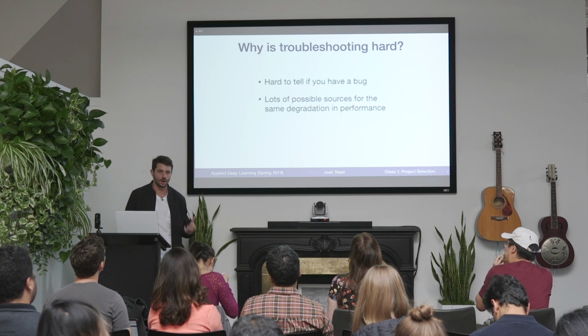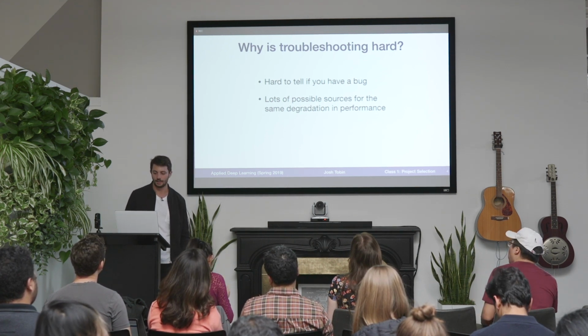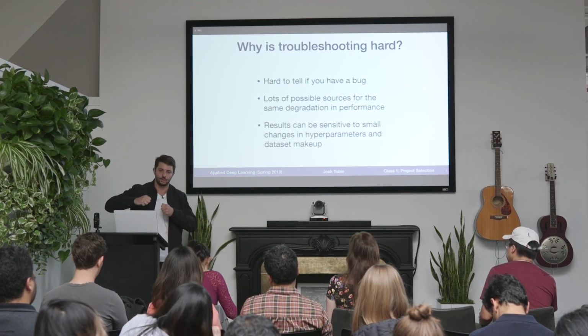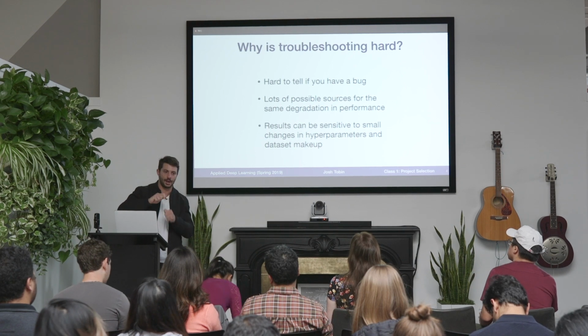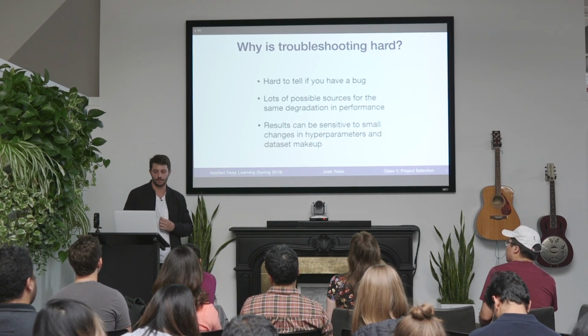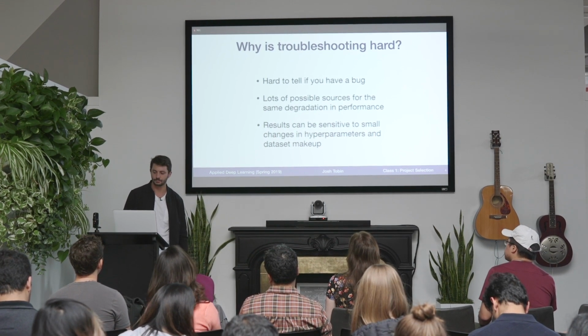And once you know that your performance is bad, there are many different contributing sources of error that could be causing that. And on top of that, to make matters worse, you can have a single hyperparameter where small fluctuations in its value cause big changes in performance. So all these things are contributors to why this is such a hard problem.